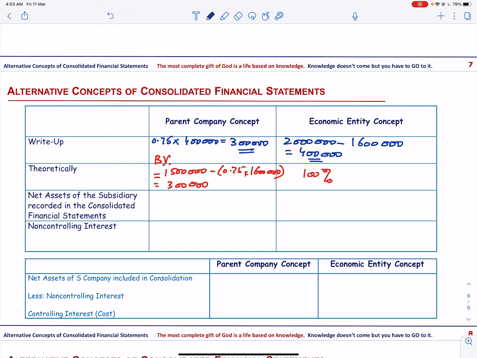Let us now talk about how to record net assets of the subsidiary in the consolidated financial statement. Now, in the case of parent company, we will take the book value, and the book value is 1,600,000, plus parent's share of the difference between fair value and the book value, and we have calculated it as 300,000, and this will be equal to 1,900,000.